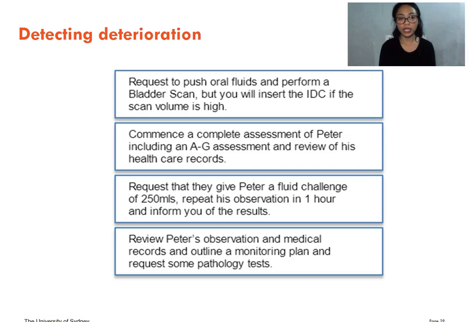They could request to give Peter a fluid challenge of 250 milliliters to see if his vital signs improve, and repeat this observation in 1 hour and they would want to be informed of the results. Or would they review Peter's observation and medical records and outline a monitoring plan and request some pathology tests?